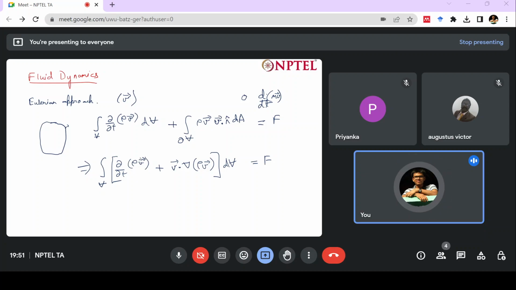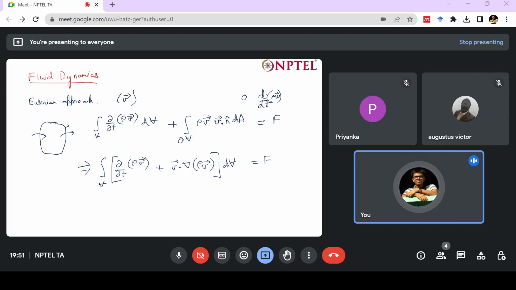What is the continuity equation? This is basically conservation of mass. We must take into account that the mass is conserved: the mass that is coming inside, the mass that is leaving, and any mass generated inside during this process.